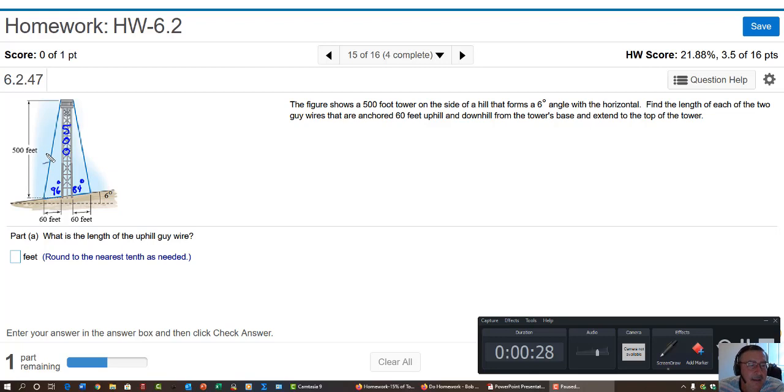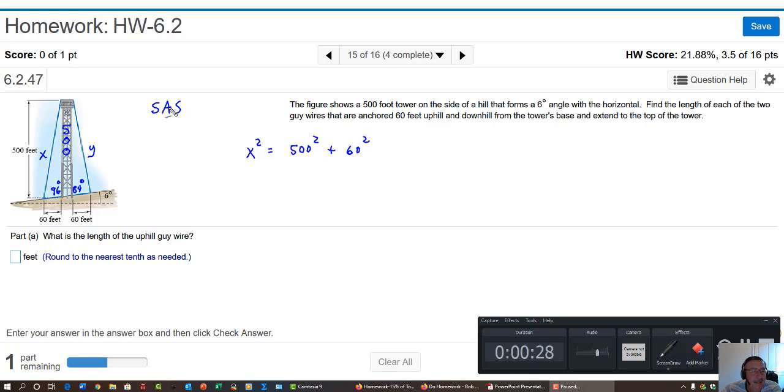All right, so we'll go ahead and call this guy wire x and this guy wire y, and we'll use our law of cosines to determine this one. So x squared equals 500 squared plus 60 squared. Notice this is another example of side angle side.